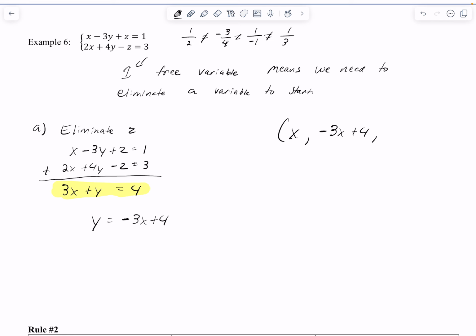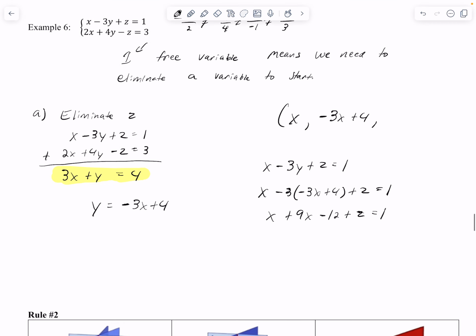Okay, so rewriting my first equation. I'm going to keep the x, replace the y with -3x plus 4, bring down the plus z and equals 1. Distribute, you get 9x minus 12.